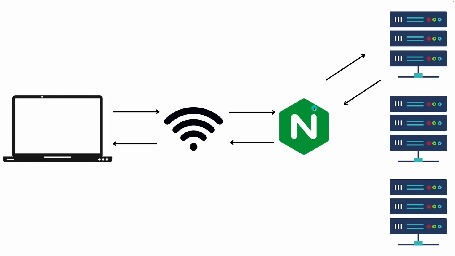The most common algorithm is a round robin algorithm, where the first request comes in, it forwards it to this server and then sends it right back. Then the next request comes in. Well, it already sent it to this one, so it's going to send it to this server over here and then forward the request back. Then it's going to send it to this one and forward the request back. And it can just keep going back and forth in a round robin approach. Okay, so that is what we need to configure.